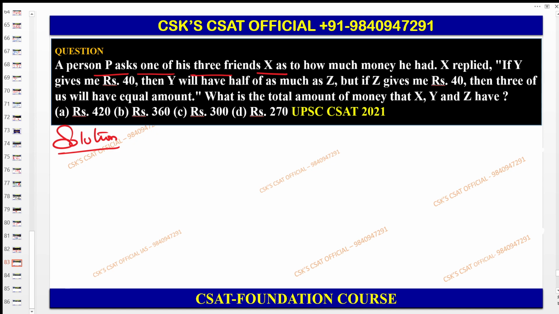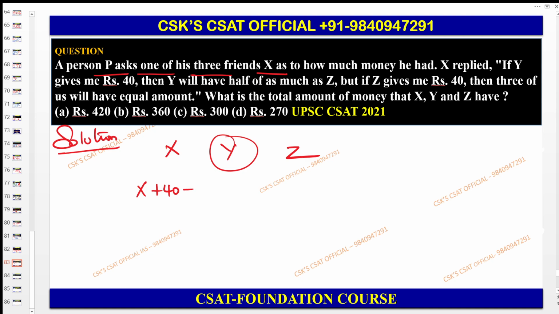X replied, if Y gives me, so first of all let us take this one, X, Y, Z. According to the first statement, if Y gives you 40 rupees, listen, suppose initially Y has 100, 40 gives to X, what will happen? X plus 40. So who is giving now?